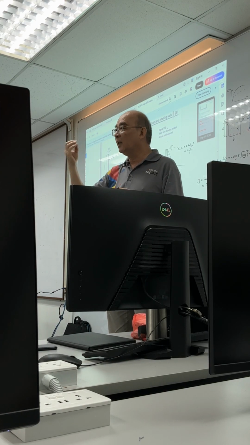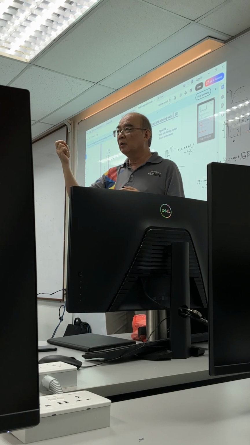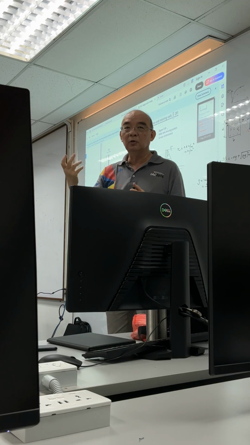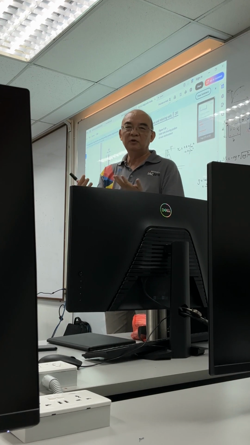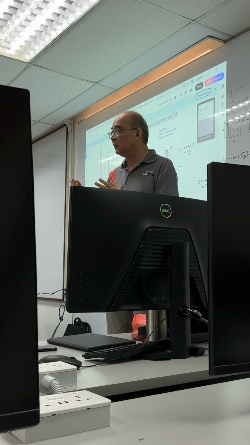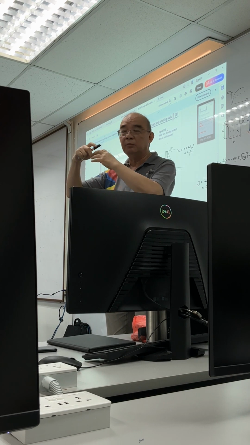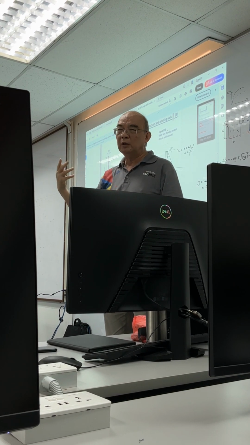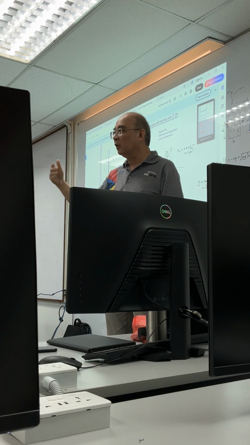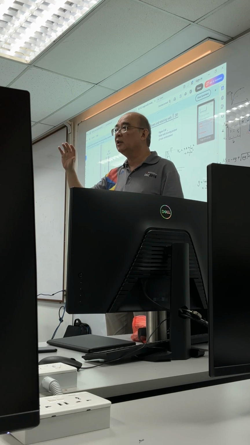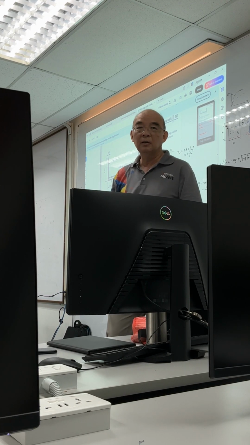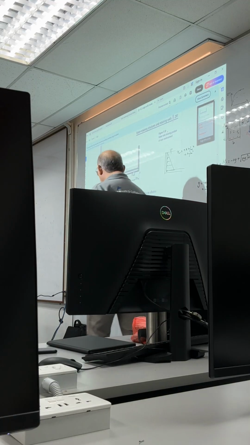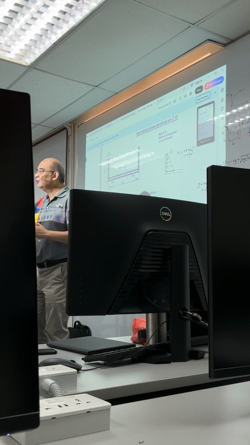Soil will be less dense than the concrete, but denser than the water. Soil depends on what kind of soil. If it is gravel or sandy soil, it will be less. If it is silty clay, more dense. So when we are talking about soil, we are talking about around 18 kilonewton per meter cube, which is less than the 24, but bigger than the 10. Understand? So basically, these are the few materials that we talk about.